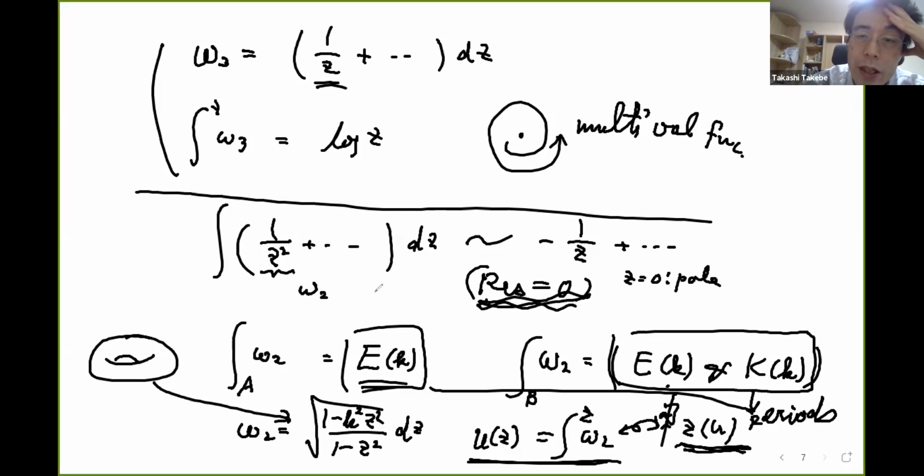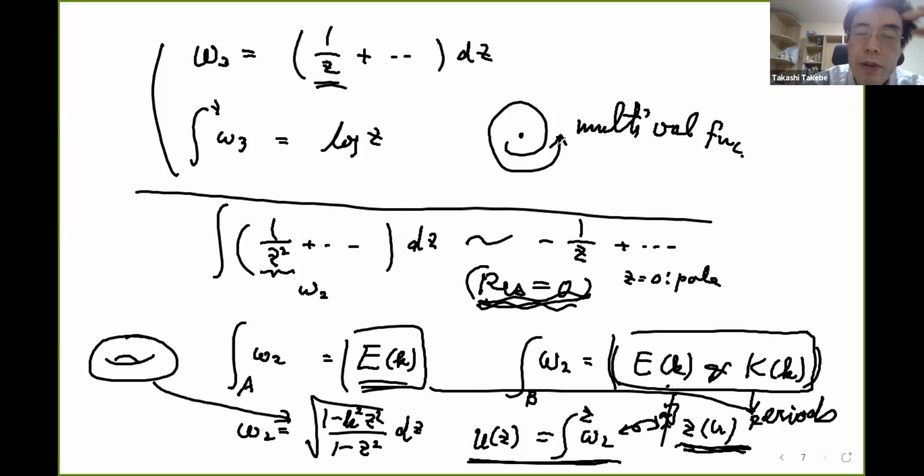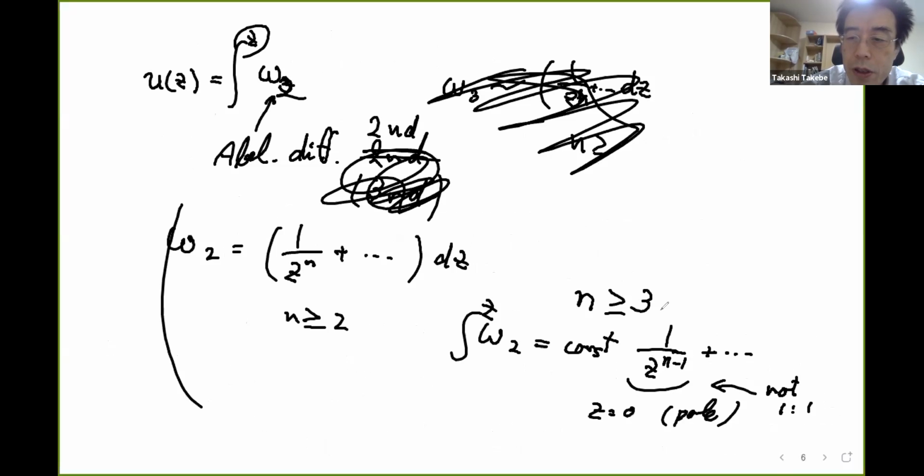N is equal to 2, yes. N equals 3 and above you can. Yes, even locally, it does not have an inverse function because of this multipleness, or yeah, because this is not one-to-one.